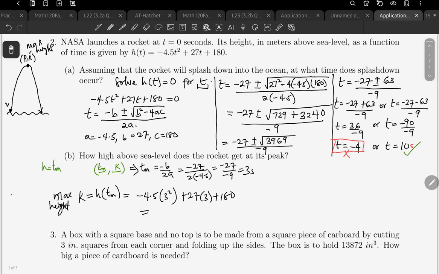You have to do the 3 squared first. So 9 times negative 4.5 is negative 40.5. 27 times 3 is 81, plus 180. This gives us 220.5 meters. So the rocket will get to 220.5 meters above sea level. That's the highest it's going to get above sea level before it starts coming down.